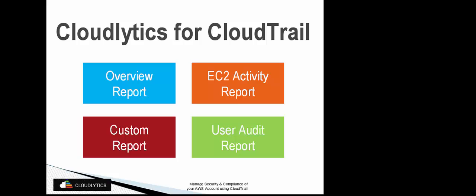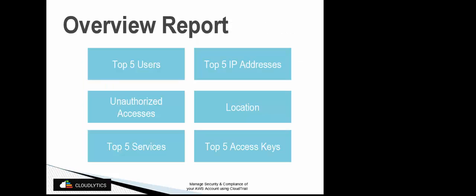Cloudlytics, as of now, provides 4 types of reports: the overview report, the EC2 Activity Report, the user audit report, and the custom report. I'll give a brief description of each of the reports. An overview report gives you a bird's eye view of the things happening in your infrastructure.